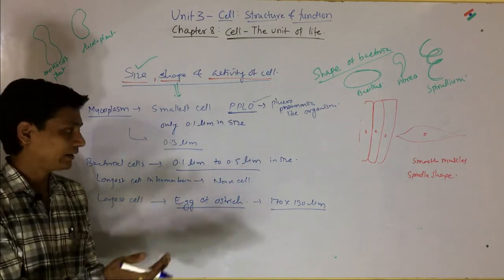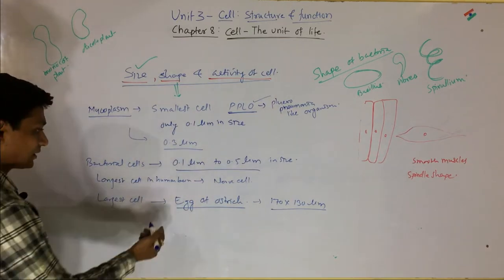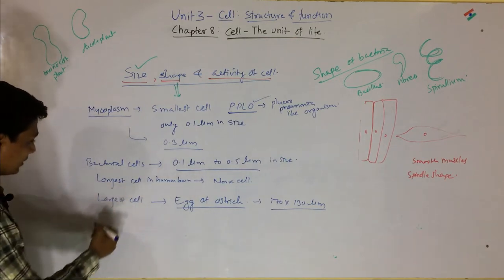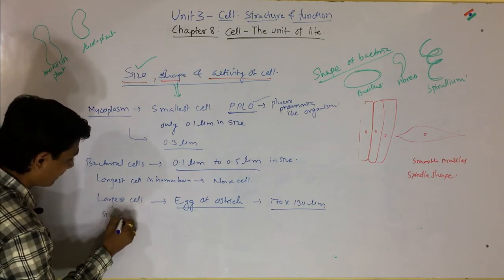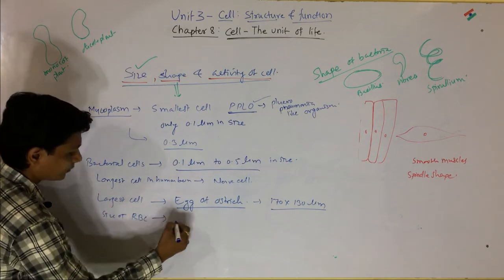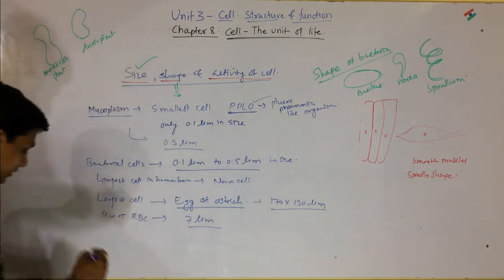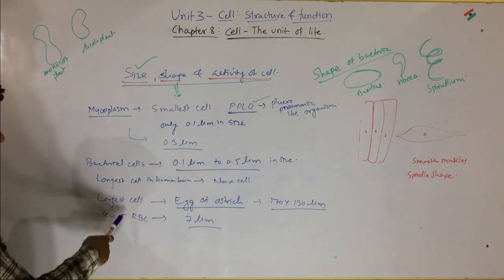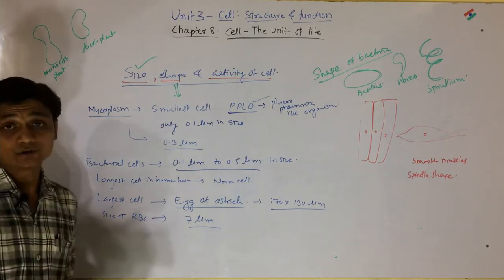We can hold this cell in our palm also. This is a very big isolated cell. Then the size of human RBC is 7 micrometers. These are some important cell sizes which may be asked in your exams.